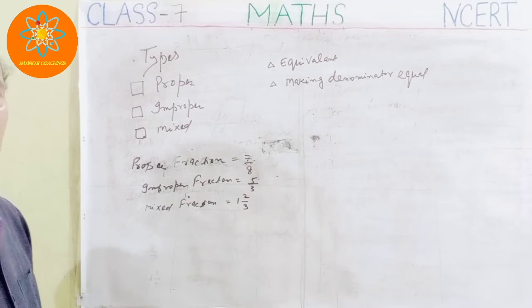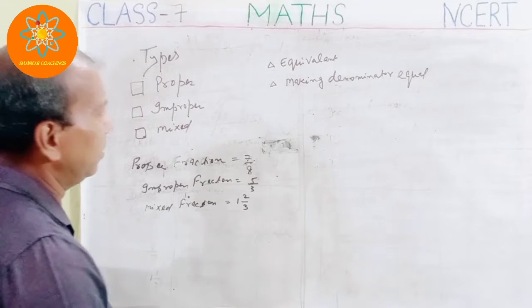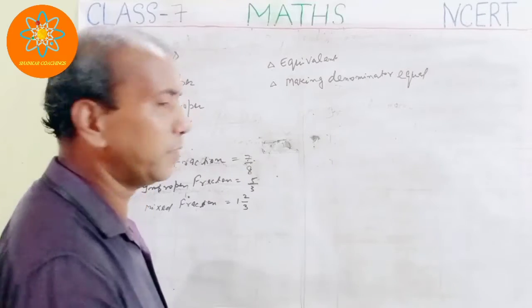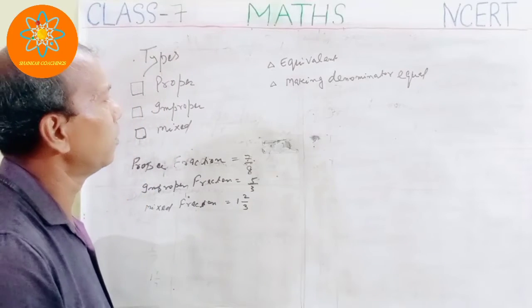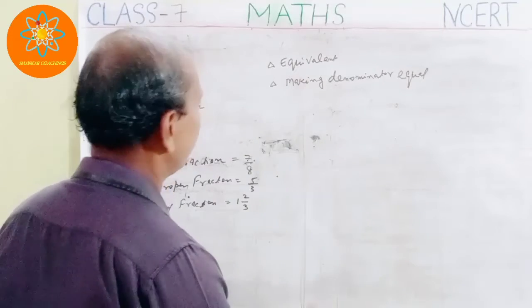Now equivalent fraction. What is the meaning of equivalent fraction? It means you have to multiply the numerator and denominator by the same number, so that will be the equivalent fraction.